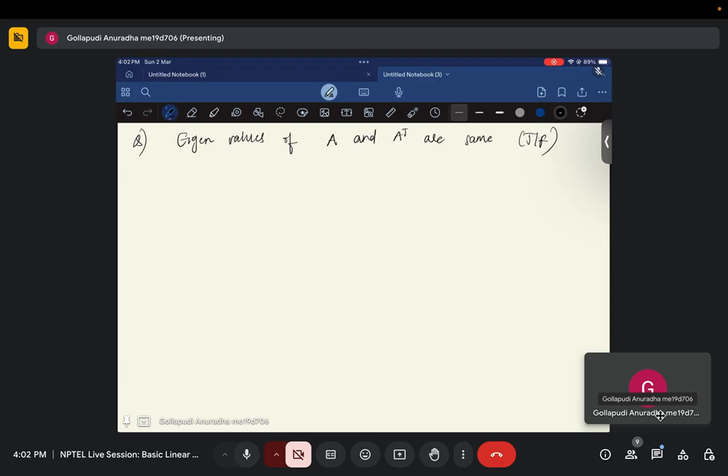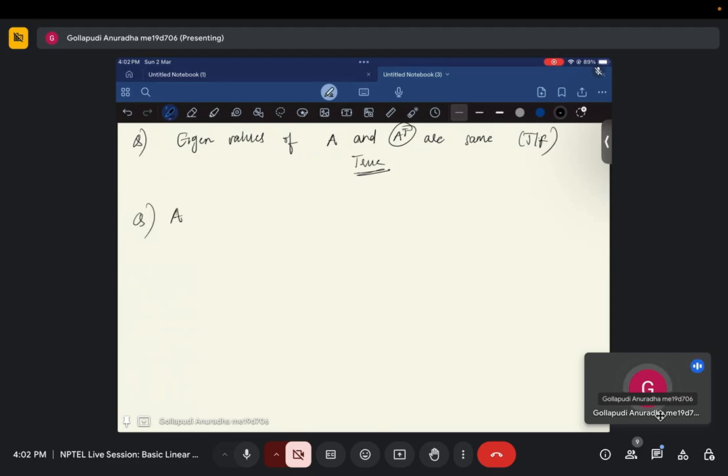Is it just A transpose or A conjugate transpose, ma'am? Sorry, the notation A power T denotes A transpose or A conjugate transpose? It's A transpose. A power T is transpose. Okay, ma'am. Then it's true. Yes, the answer is true. It's a bit direct.